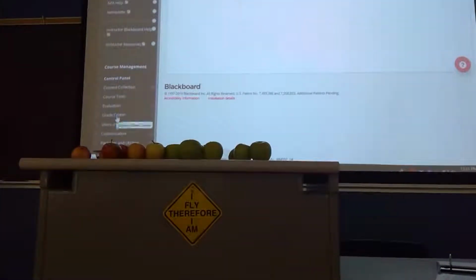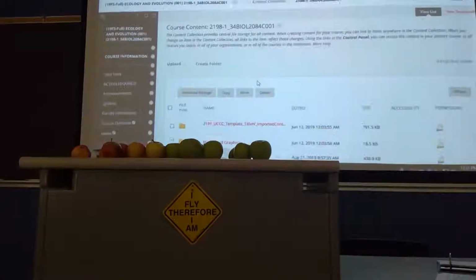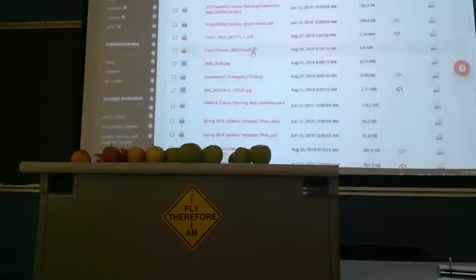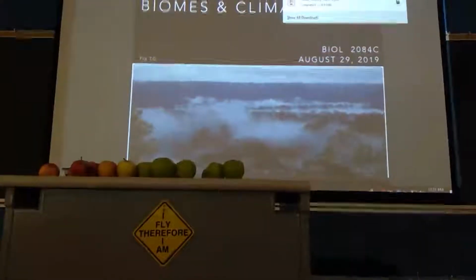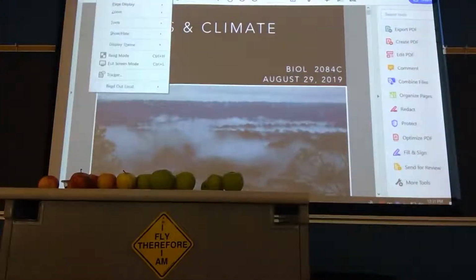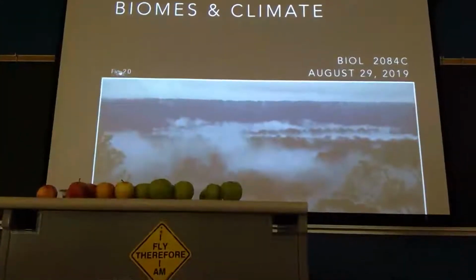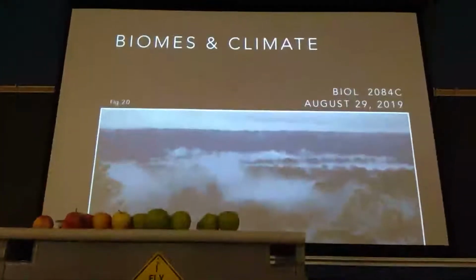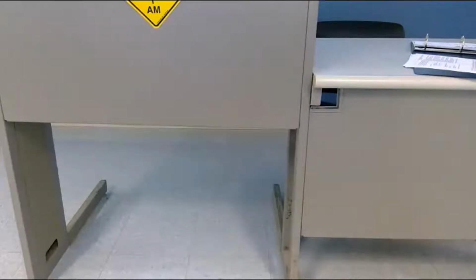All right, today in class, I want us to talk about climate. It turns out that if we're going to talk about ecology, the study of the interactions between organisms, interactions between organisms kind of goes around in a cycle.